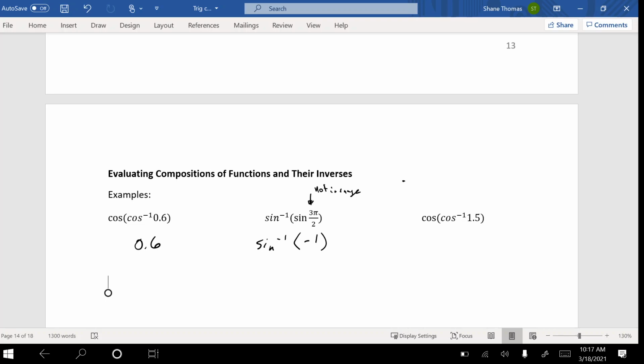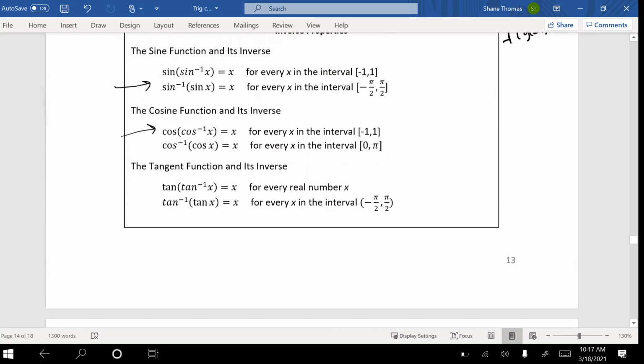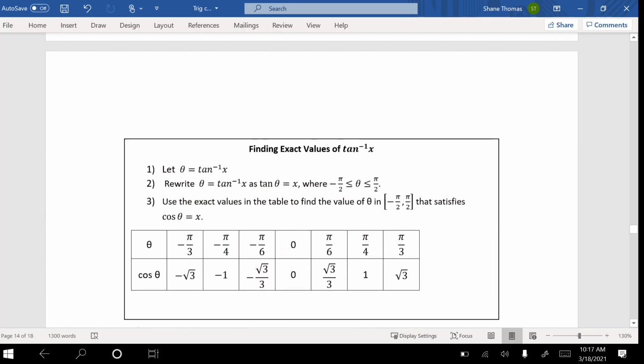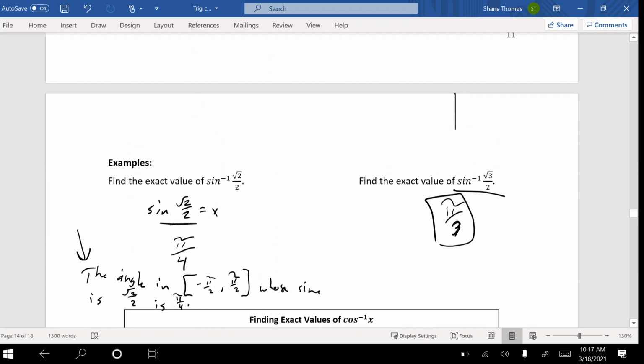All right, as soon as I replace that, I am now looking at the range negative pi over 2 to pi over 2. So now I'm within that range, aren't I? So look back at my inverse sine chart. Inverse sine is up at the top here.